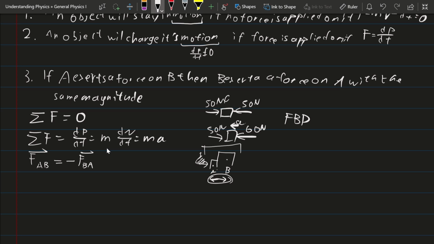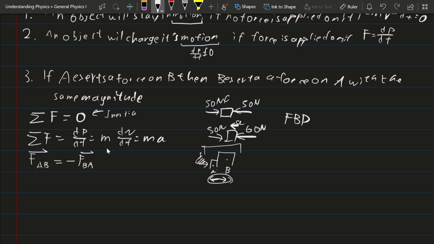So we want to also talk about what is inertia, because this first law is what people normally call the law of inertia. Basically, inertia is how hard a thing needs to be pushed in order for it to move.